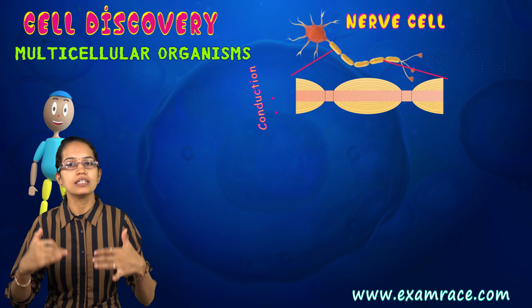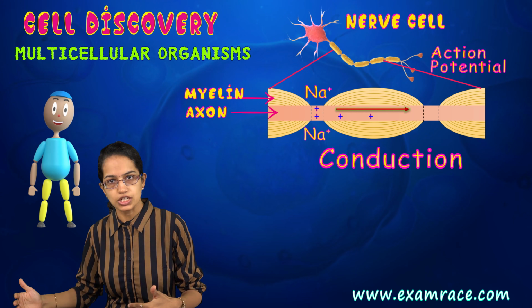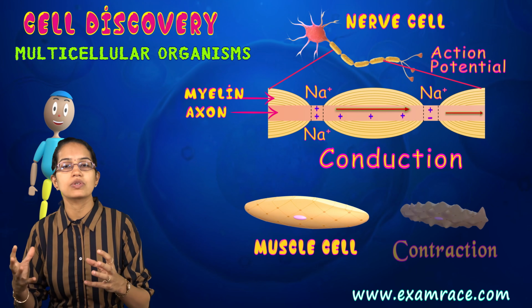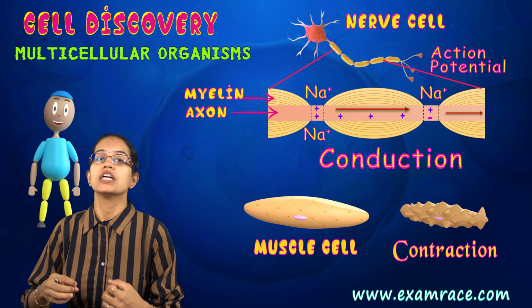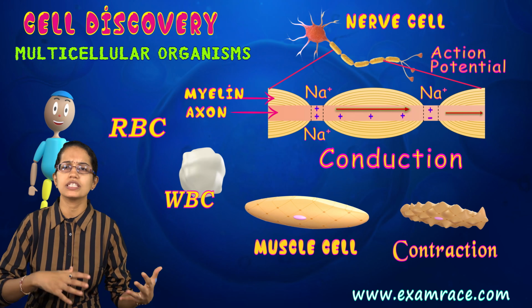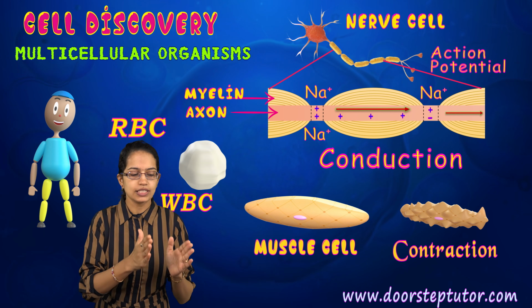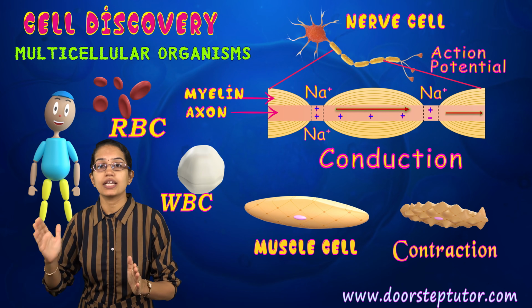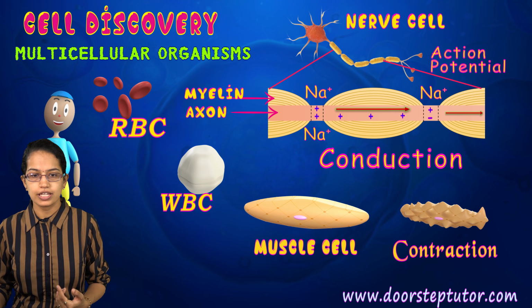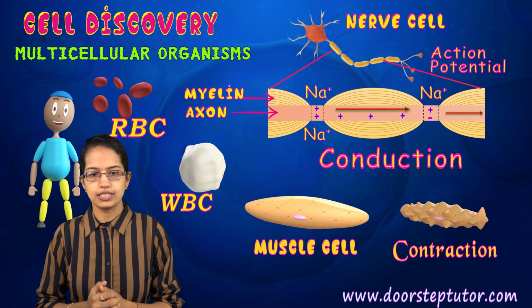For example, the nerve cell does the function of conduction. You have muscle cells that help in the contraction of the muscles. You have RBC, WBC. All of those are different cells, and all cells are different in shapes and sizes, as we have already covered in our initial classes.